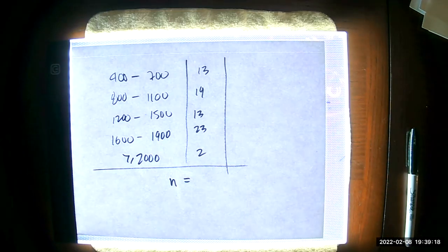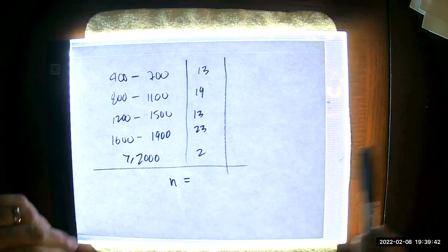If I go back to my calculator, you're not going to see me add those up, but I'll take the 13 plus 19 plus 13 plus 23 plus 2. I add those up and I'll get 70 when all is said and done. So my grand total was 70.